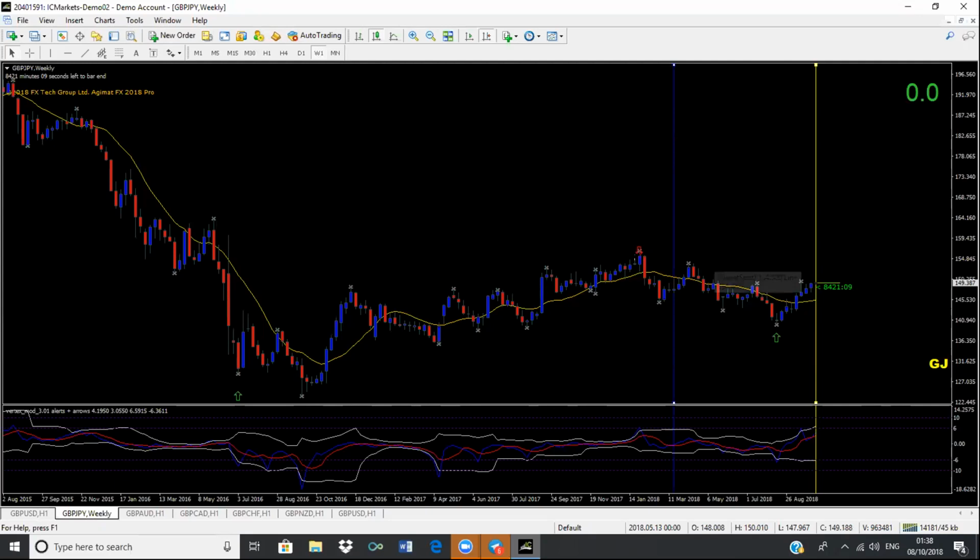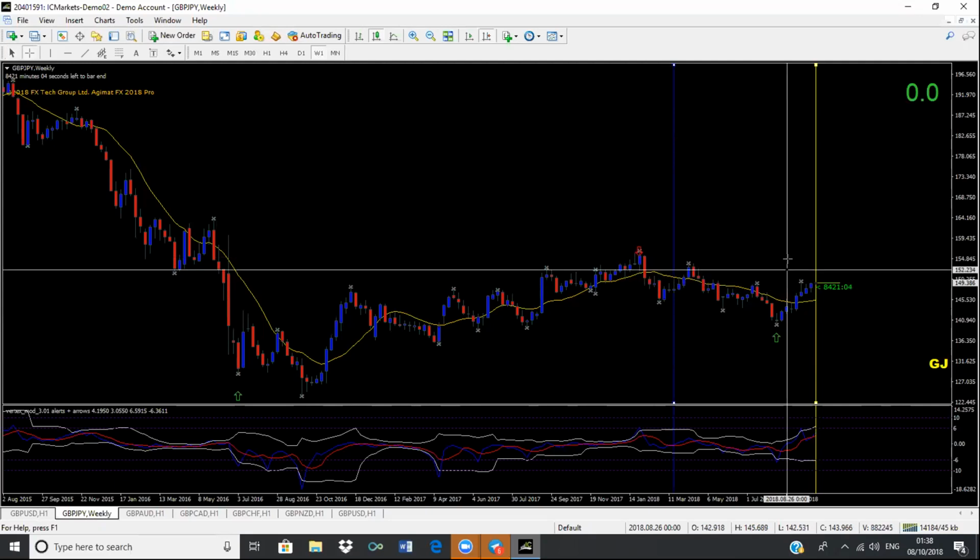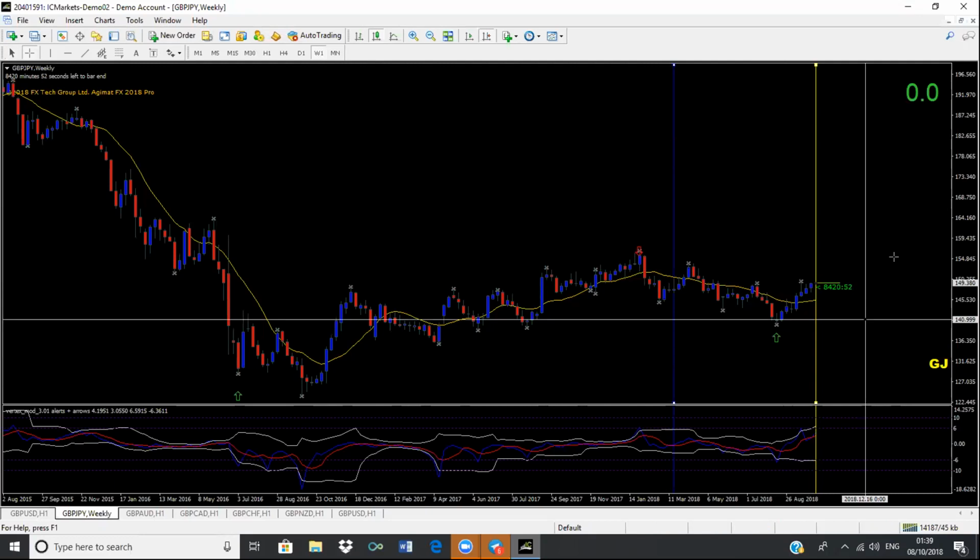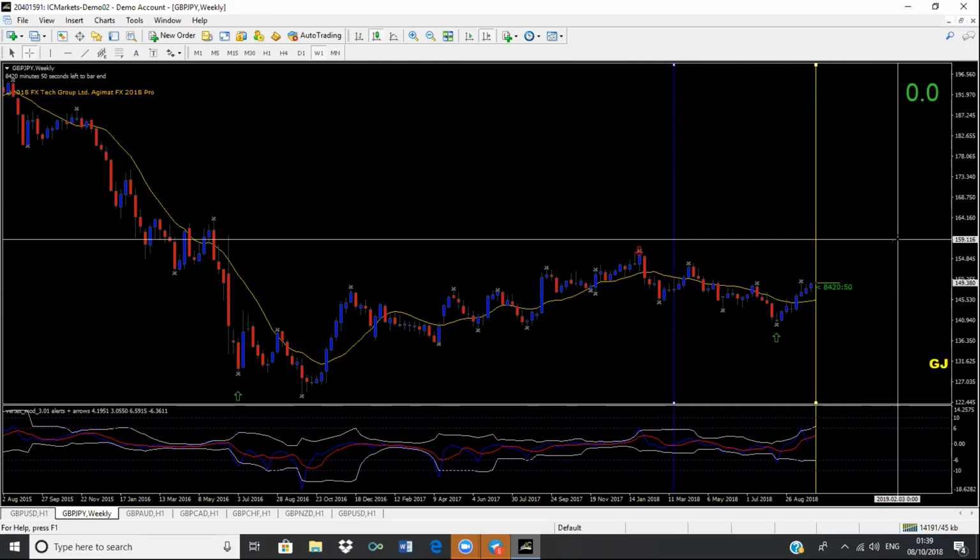The pullback, the trend reversal, will not be anywhere near or above the previous one. The trend reversal will probably happen somewhere here, and it's going to go down and then shoot back up. And then it's probably going to go higher than the previous one, like it did here.